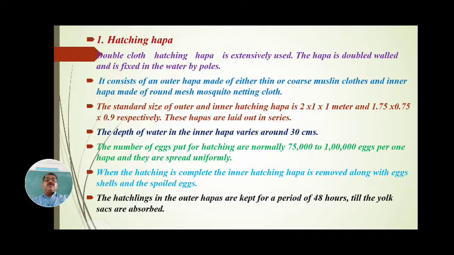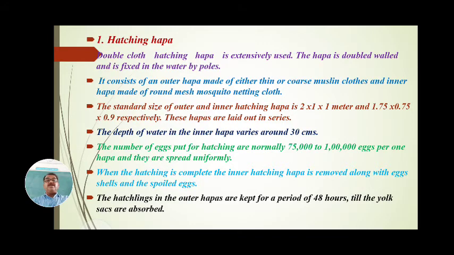Double cloth hatching hapa is extensively used. The hapa is double walled and is fixed in the water by poles in all four corners. The four poles are tied with the help of ropes or threads, and this hapa is double walled.